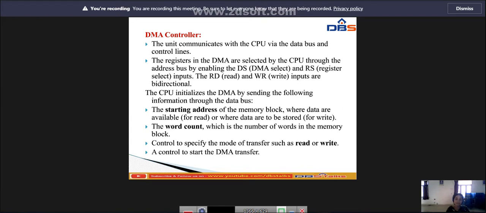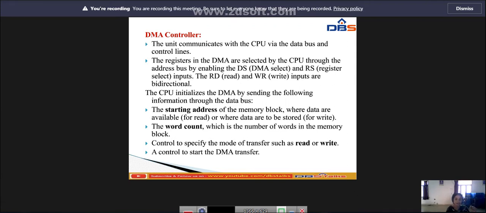The CPU initializes the DMA. The DMA controller has three registers: an address register, a word count register, and a control register.